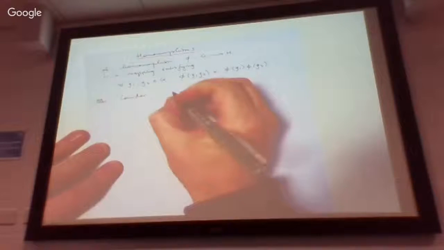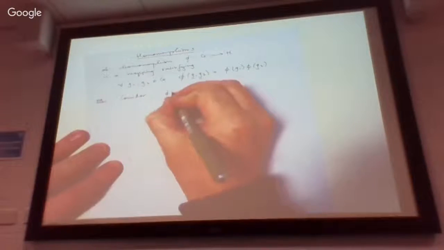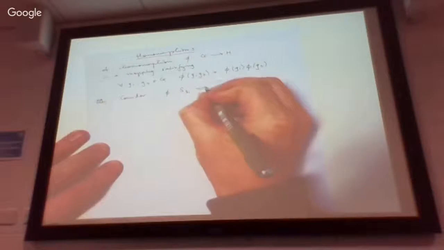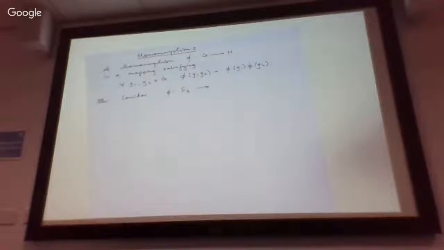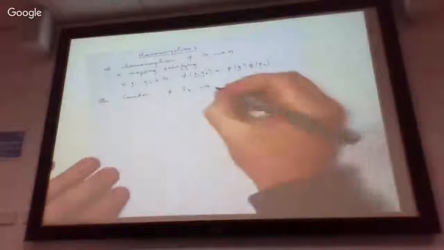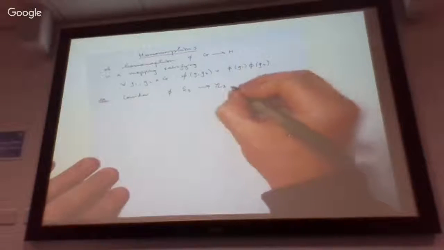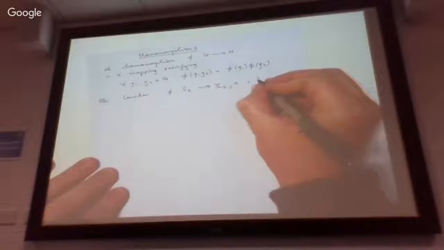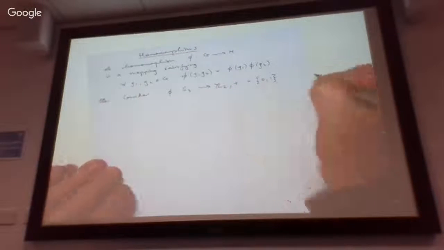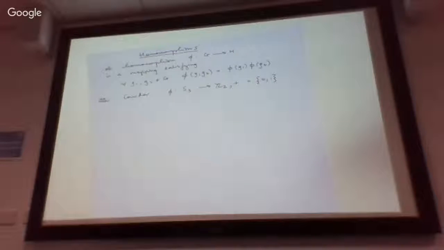meets this description. Consider phi from the symmetric group S3, remember the group of all permutations on 3 symbols, to the group Z2 under addition. Remember, as a set this is just the set consisting of 0 and 1 under addition.